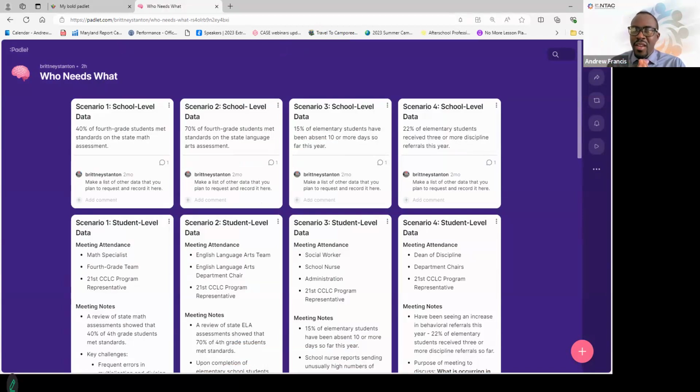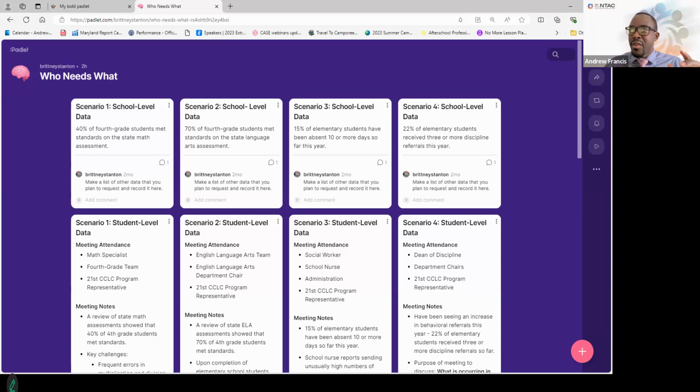If your first name starts with M to R, go ahead and share with us a list of data for scenario 3. And if your first name starts with the letters S to Z, go ahead and share with us the list of data you'd like to collect in relation to this particular data that we have for you here.